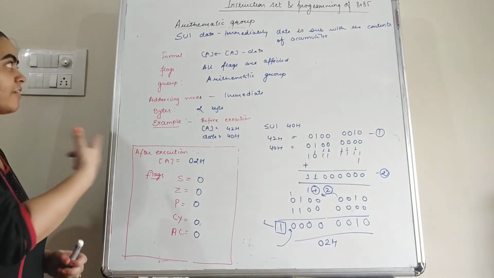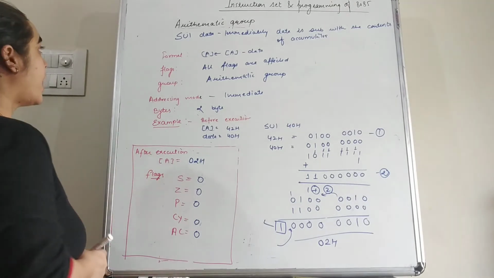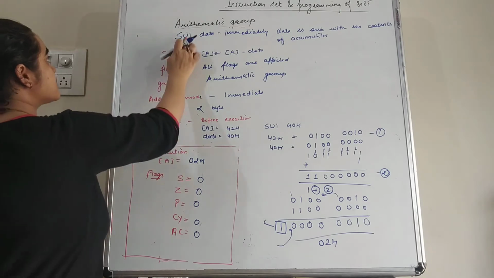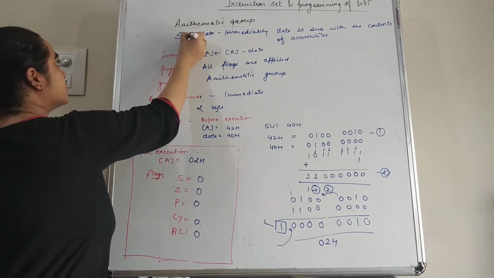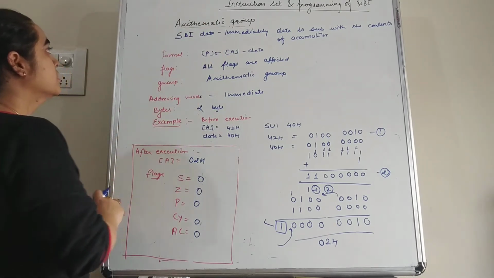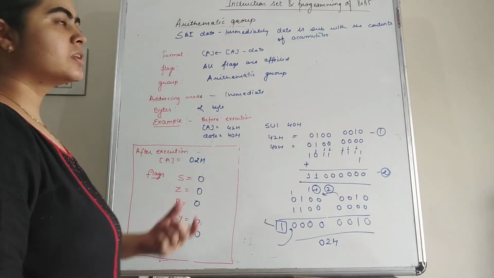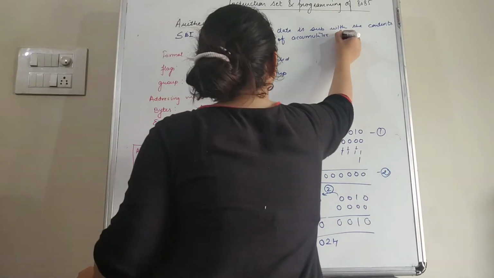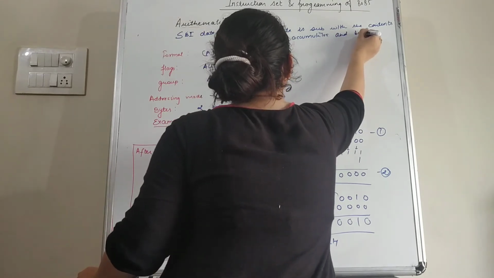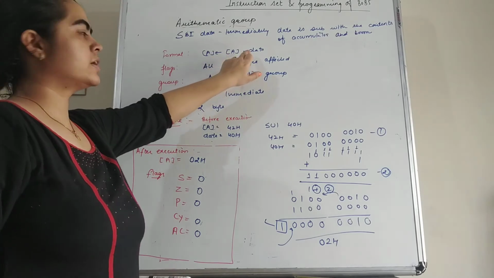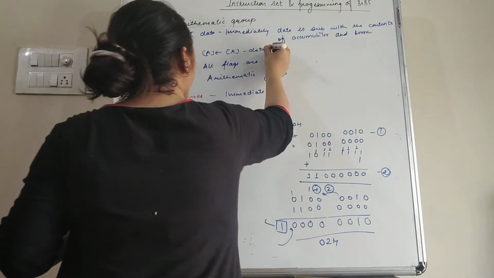Now students, after this instruction we have the next instruction, that is SBI data. SBI data means immediate data is subtracted from the contents of the accumulator along with the borrow. So the format of this instruction is that the contents of the accumulator are subtracted by the data and the borrow.